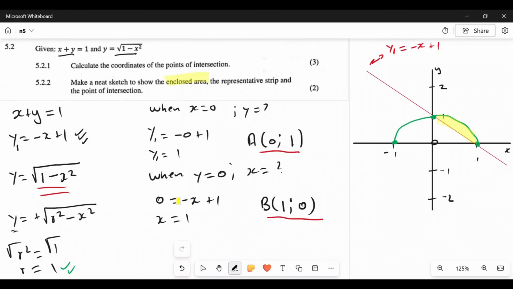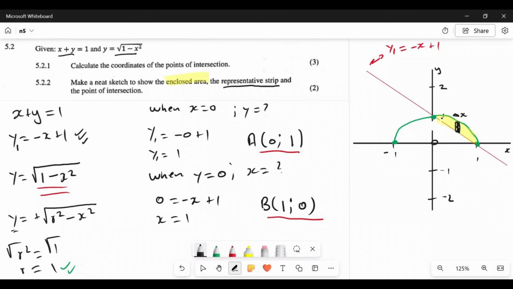Now that we have highlighted, it is time for us to find the next part, which is the representative strip. So make sure that the representative strip is within the area that is highlighted. As you can see, I'm doing it there, right? And don't forget to write change in x. There we go. So basically, this is what they wanted you to do.